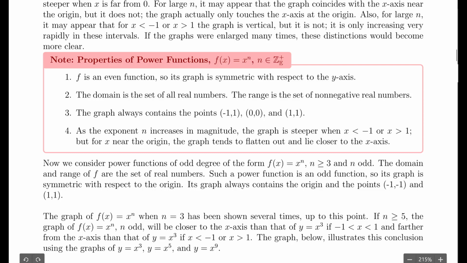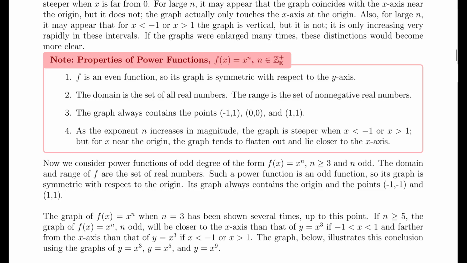So here are some properties of power functions. If the function is even, that means it has an even exponent, so 2, 4, 6, 8, 10, and the graph will be symmetric with respect to the x-axis. Part 2, the domain is again going to be the set of all real numbers. The range will be the set of non-negative real numbers, provided that the graph does open up.